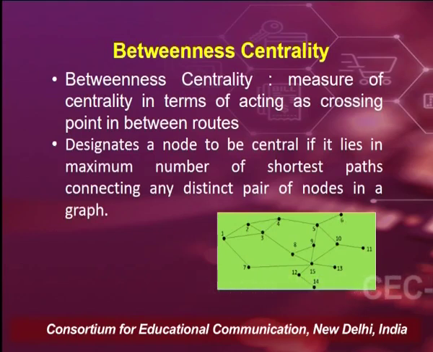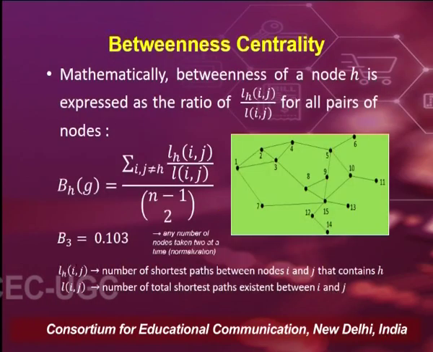Now, let us understand first what is betweenness centrality. It is the measure of centrality in terms of how good a node is at acting as a bridge or an intermediate connection, or you can say a gateway in a communication network. So, this is the formula we often use for betweenness centrality.